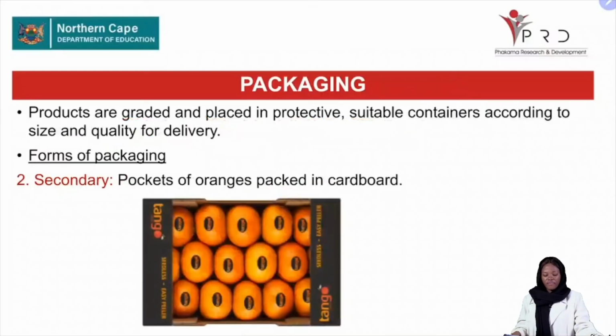Now, the second form is the secondary packaging. Secondary packaging is when pockets of oranges are packed in cardboard or boxes, as shown in the picture. This is how we apply our secondary packaging.